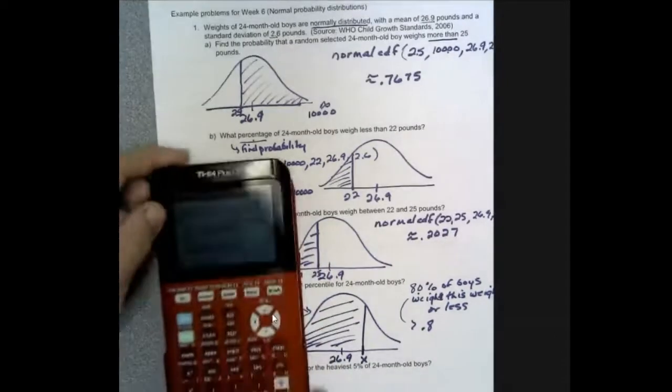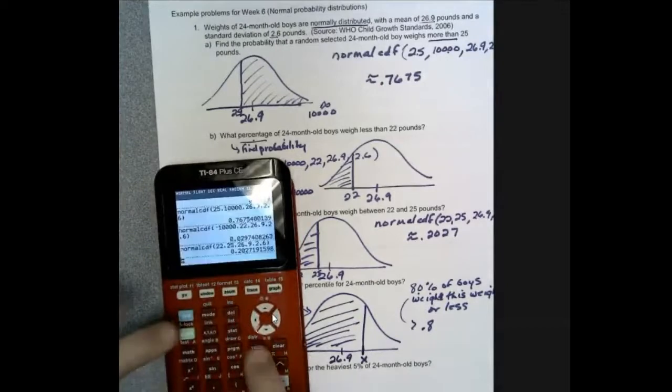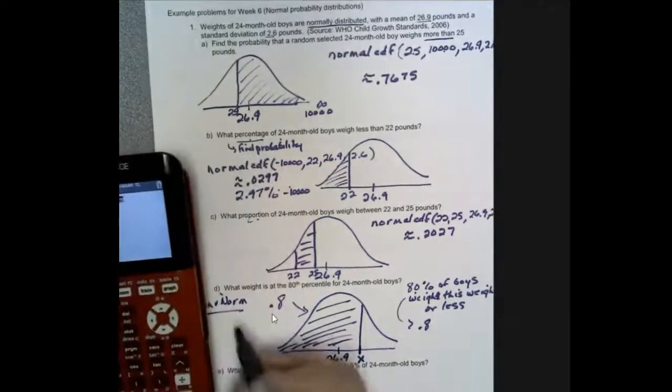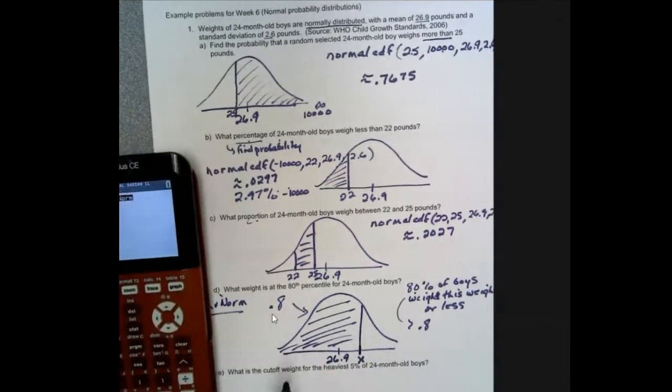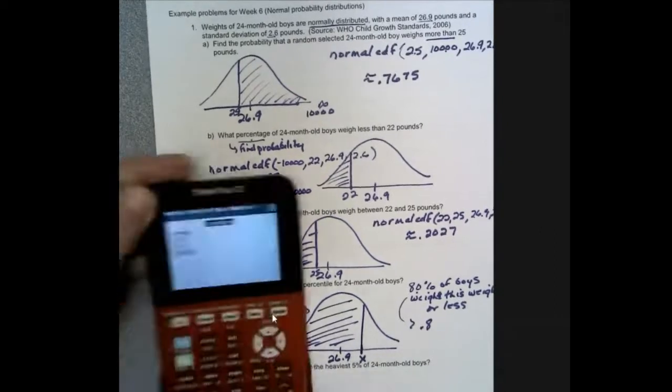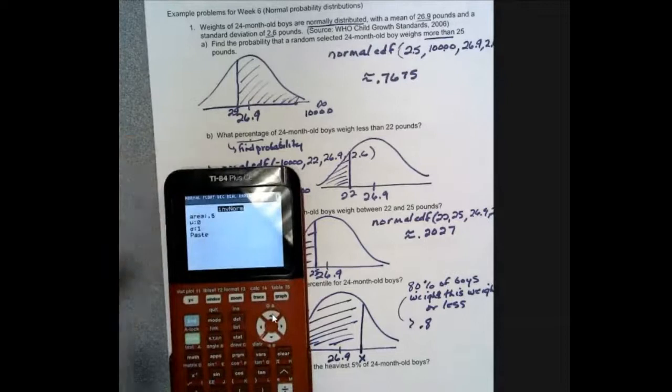So I'm going to go back to my distribution menu and find that. So that is number 3 on the list. I'm going to put in the area, and then I'm going to put in my mean and my standard deviation. So my area is what I found right here, which was the 0.8. And then I still have to put in my specific mean and standard deviation for this problem.